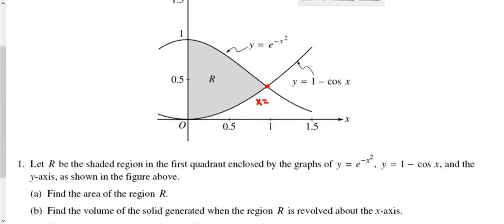Because to do part A, we're going to integrate from 0 to whatever that is, and then take the function that's on top, the e to the negative x squared, and subtract the function that's below it, the 1 minus cosine of x. If we integrate e to the negative x squared, we get all the area all the way down to the x-axis. Then we integrate 1 minus cosine of x, we get the area in between this function and the x-axis. When we subtract it out, we get rid of that, and we just have the shaded area.